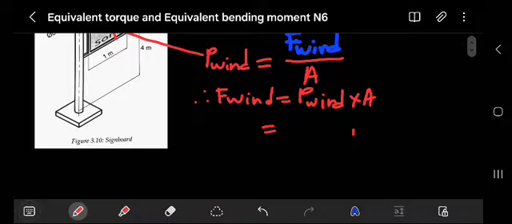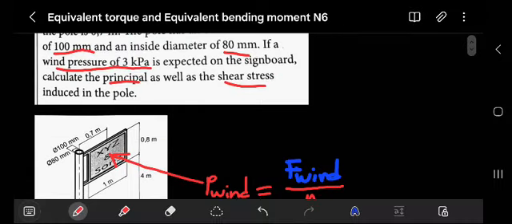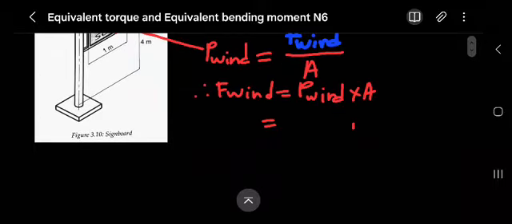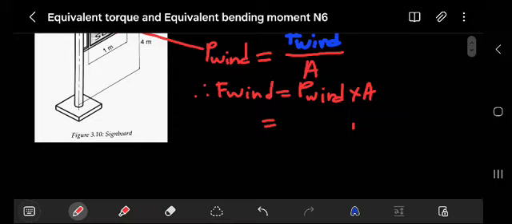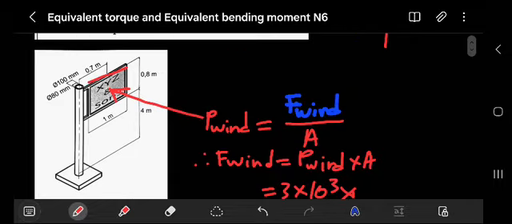The pressure we're given is 3 kilopascal, which is 3 times 10^3 pascal, multiplied by the area. The area of the board acted on is a rectangle, 0.8 multiplied by 1.